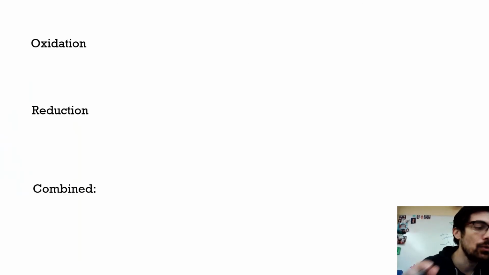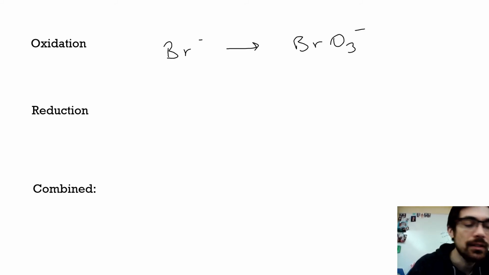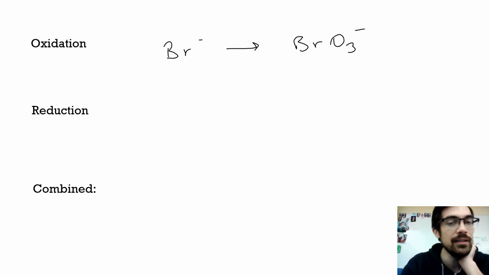Okay. So with oxidation, we had bromide becoming BrO3. Now those oxygens obviously can't come from nowhere, so let's balance this. But the key thing to remember is that with a basic solution, we're using OH, hydroxide, to balance the oxygens and water to balance the hydrogens.